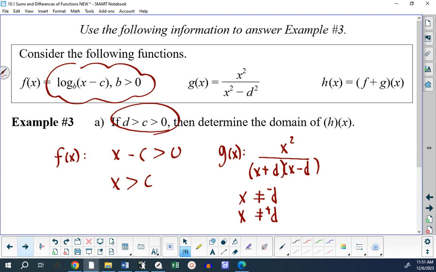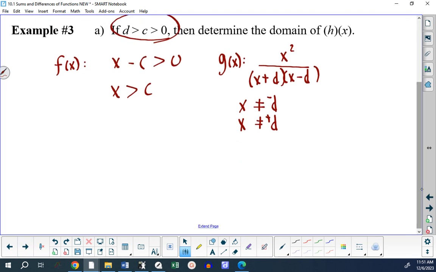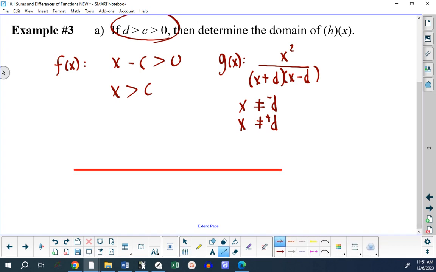And what that means is that on a number line, we have some position where there is c. d is bigger than c. So we have another point over here that's d. We have another point way back here that's negative d.